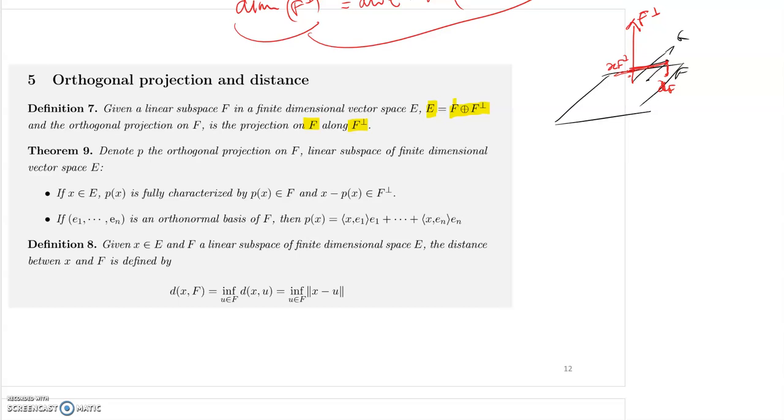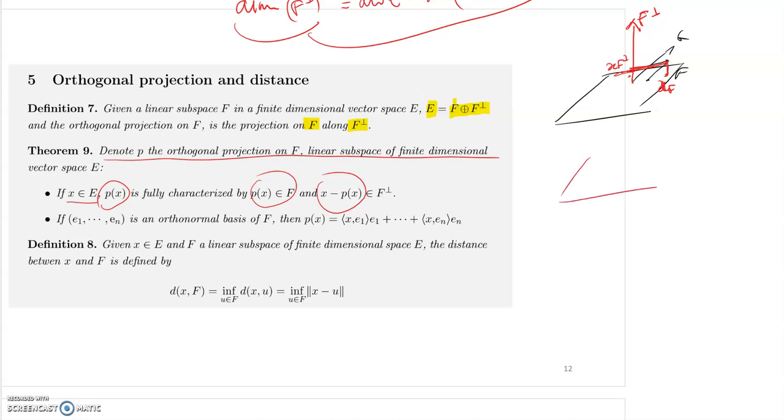So next theorem, denote P the orthogonal projection on F. Then if X belongs to E, P of X, so the projection on F of any X in E, is fully characterized by saying that we get P of X that belongs to F and X minus P of X belongs to F orthogonal.